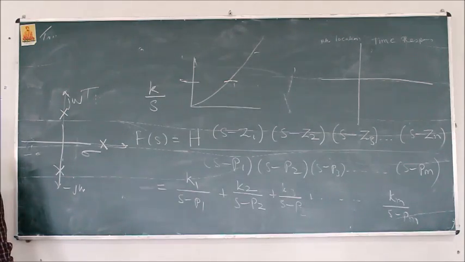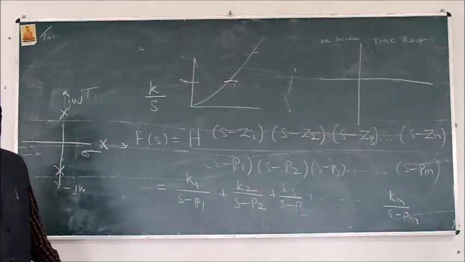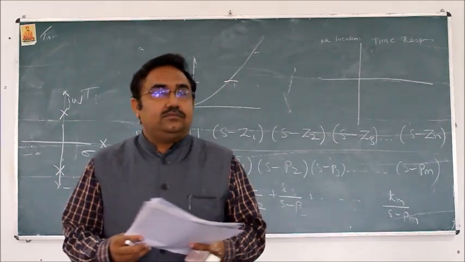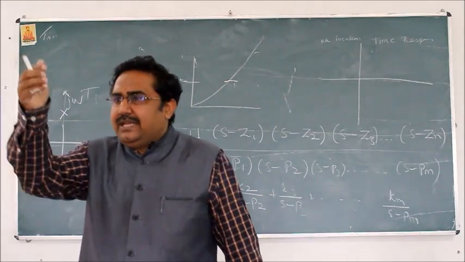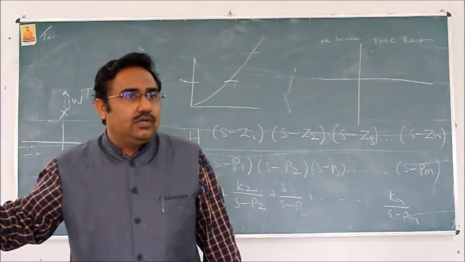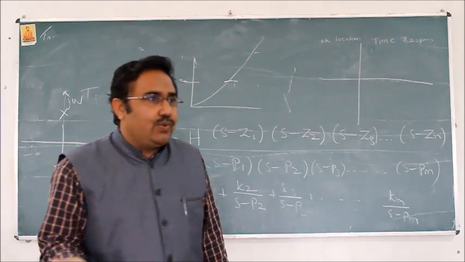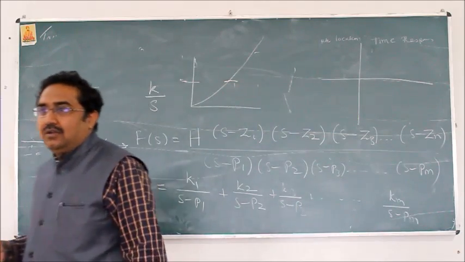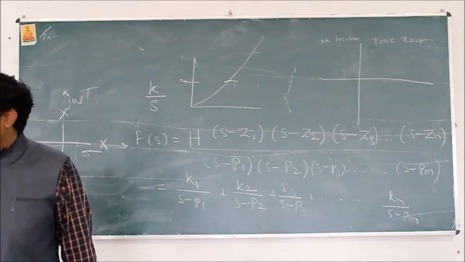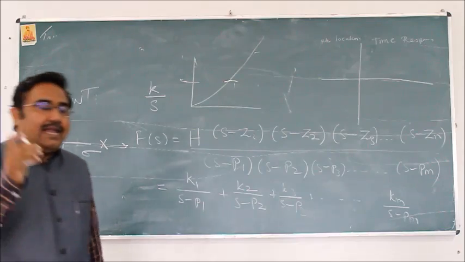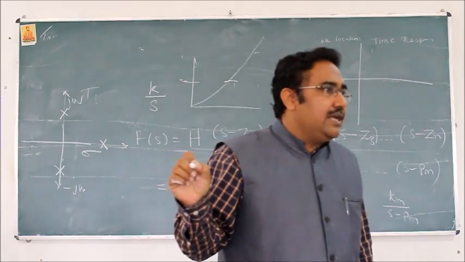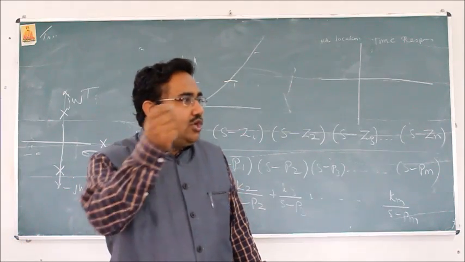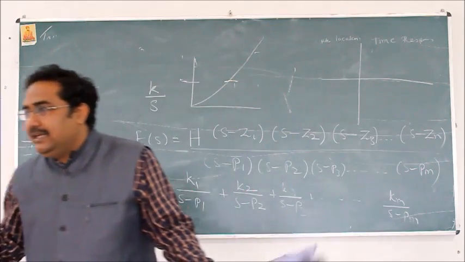So what will be the form of that expression, function F(s)? It will be something K upon s squared plus omega squared. And this term comes in which form? Either sine or cosine. If it is s upon s squared plus omega squared, then it will be cosine. And if it is a constant upon s squared plus omega squared, then it is sine.